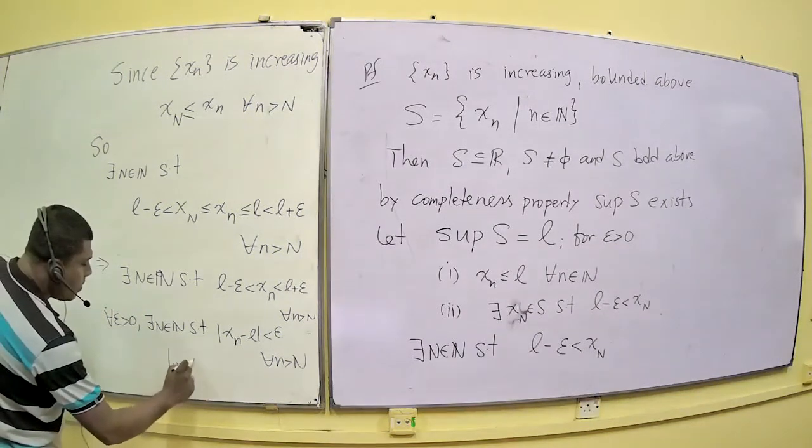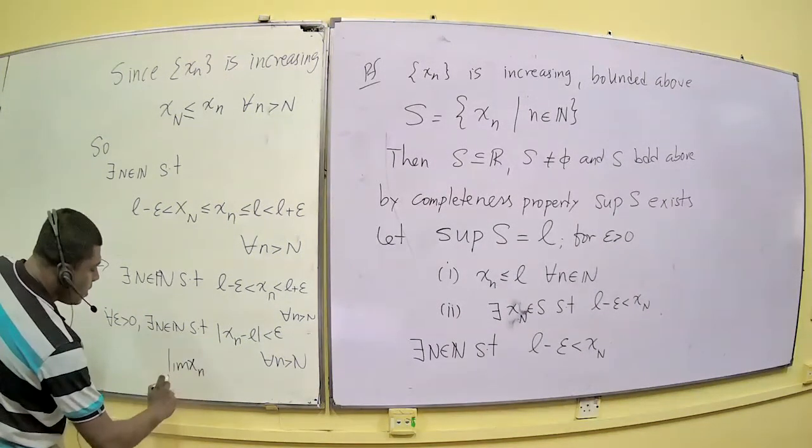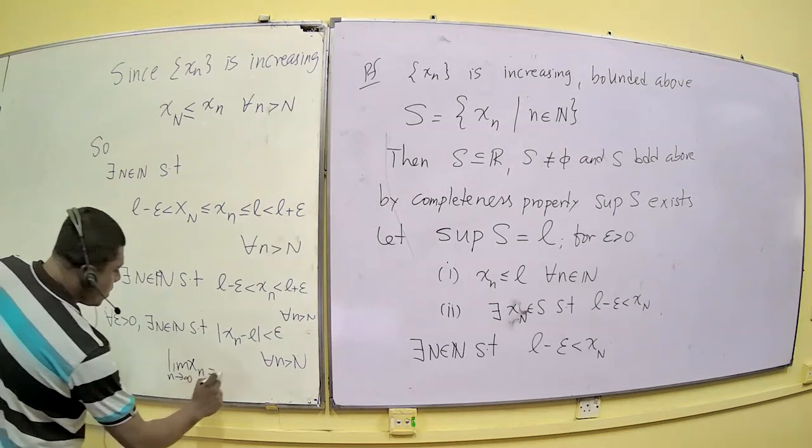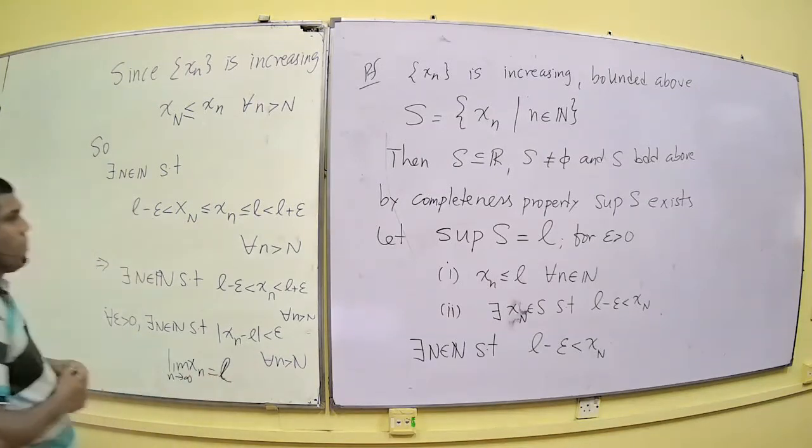So this says limit of xn as n goes to infinity is actually L.